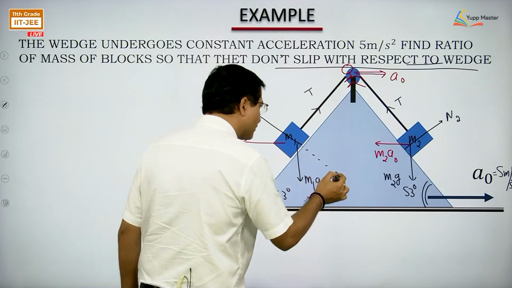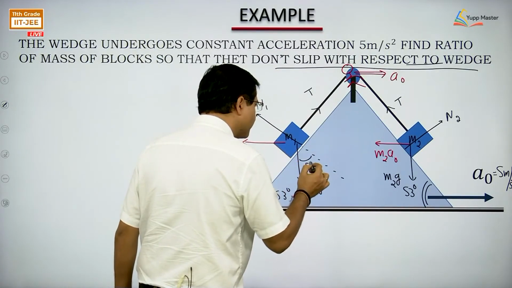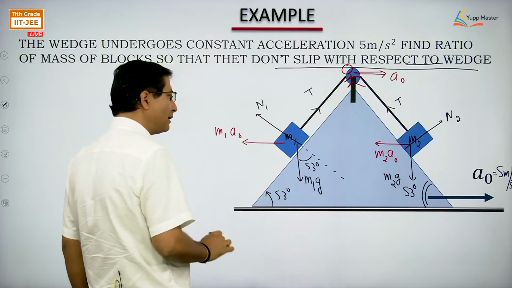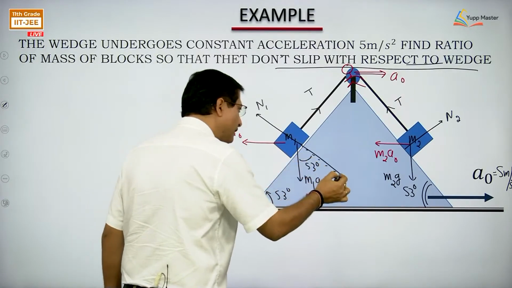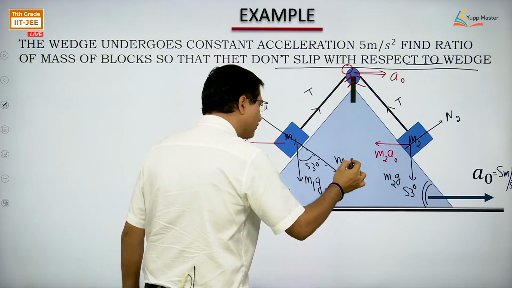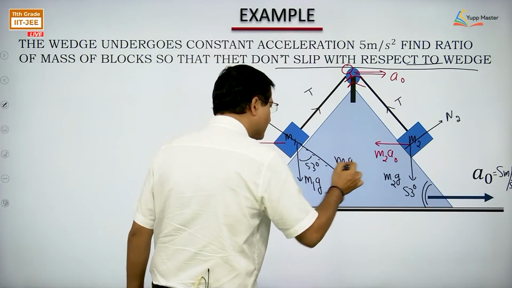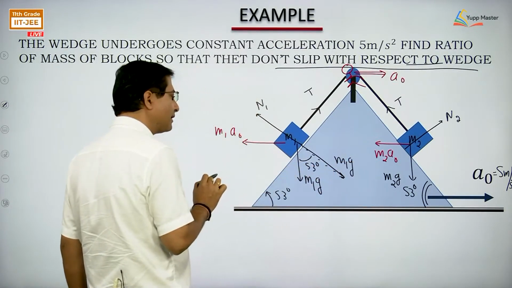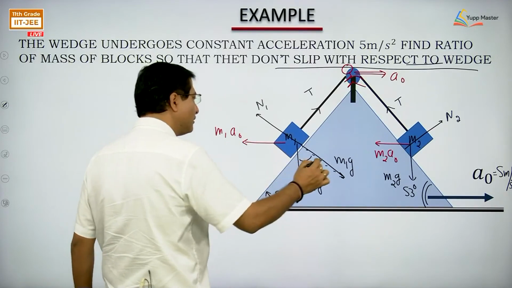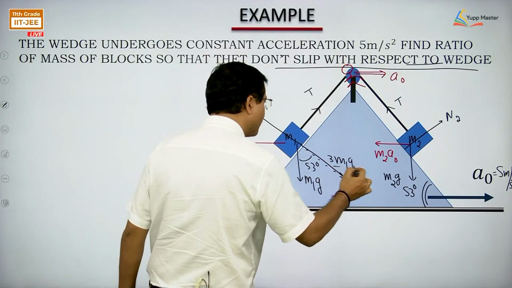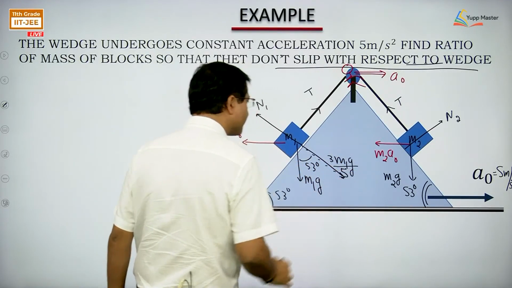If I extend this one, this angle is 53. So first I will resolve mg, the component of mg perpendicular to the incline, m1g cos 53, directly I can write, cos 53 is 3 by 5. So I am substituting the value of cos 53 as 3 by 5.